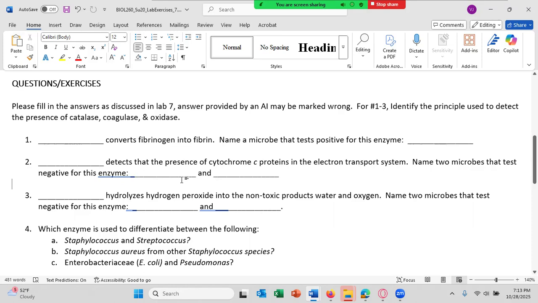I think the lab module gave you 2 families. 3A, which enzyme hydrolyzes hydrogen peroxide into the non-toxic products of water and oxygen? And 3B, name 2 microbes that test negative for this enzyme. Once again, I think you can name families or you can name species.